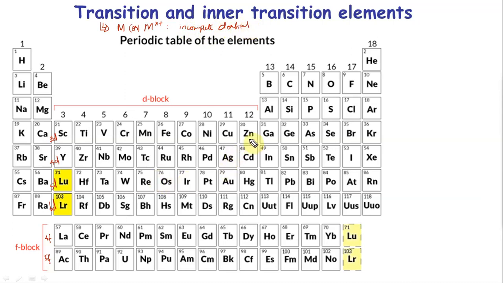So when you take zinc, for example, zinc by itself is complete D10, right? And zinc 2 plus the cation is also D10. So it's not a transition element by definition, but it is studied along with the other elements because of the similarity in properties. It does belong to D block.